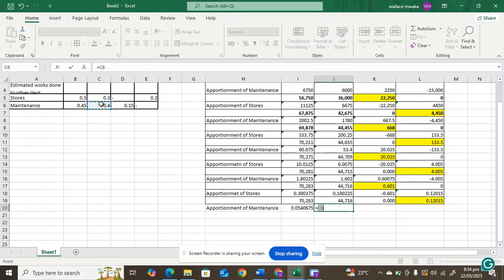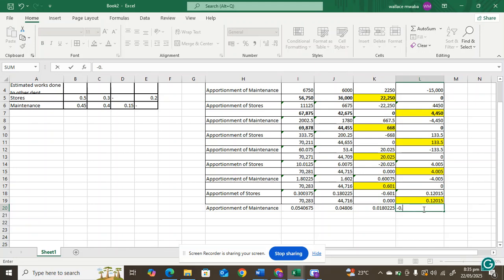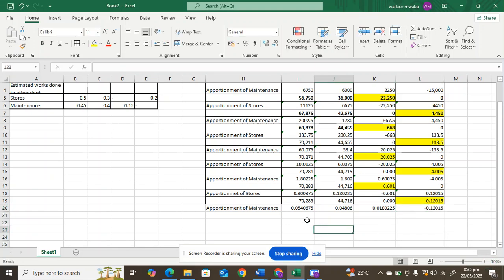Department Y gets 40%. The stores will get 15%. Here you're going to put negative 0.12015. Get our new totals.